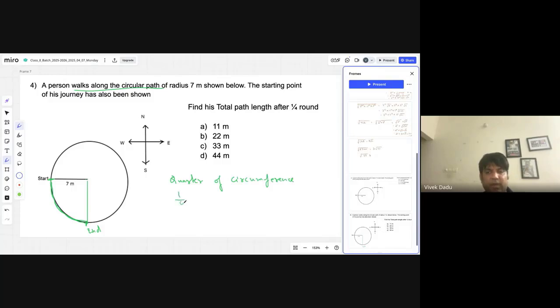So 1/4 of 2 pi r. Pi we can take 22/7 and r is 7. We get 44/4, which is 11. Got it, Rudransh? So answer is A.